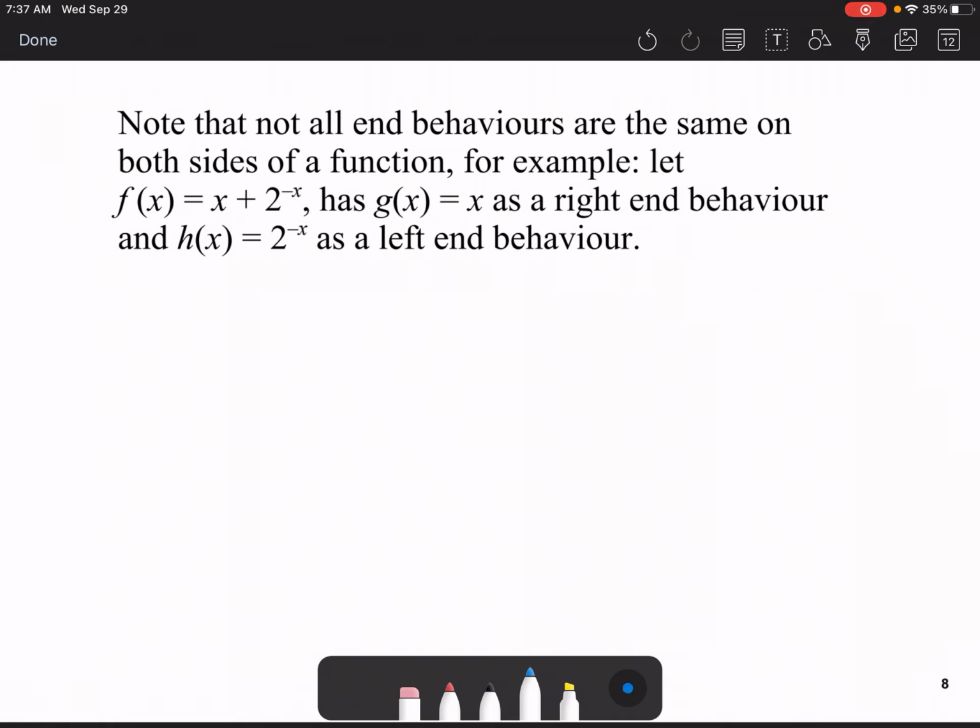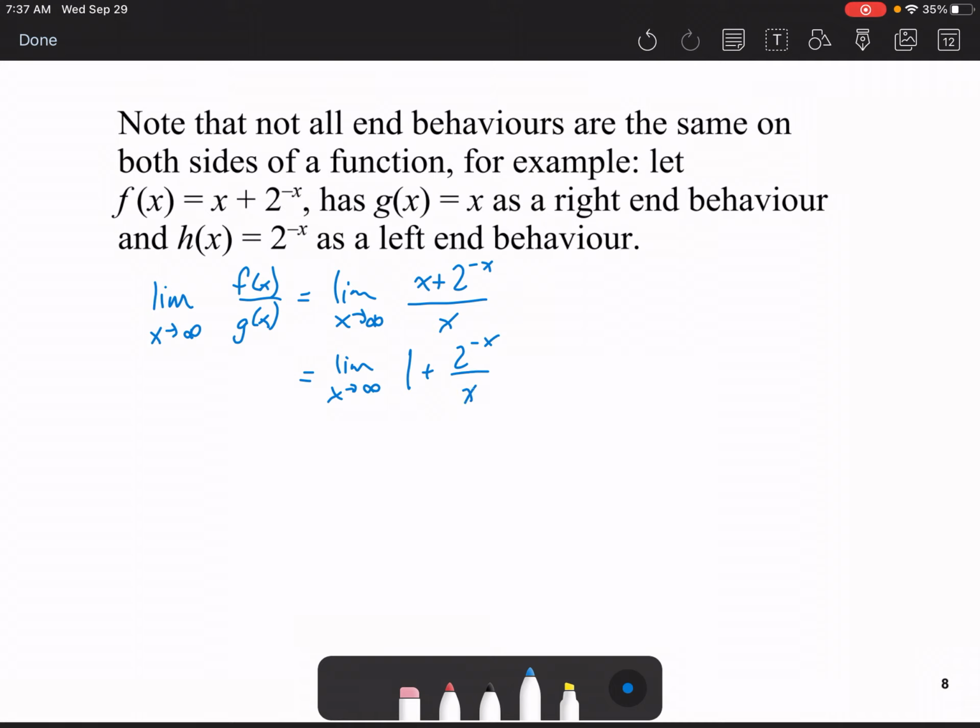So let's try it. Let's say the limit as x approaches infinity for f of x over g of x turns out to be the limit as x approaches infinity of x plus 2 to the negative x, all over x. That reduces to 1 plus 2 to the negative x over x.